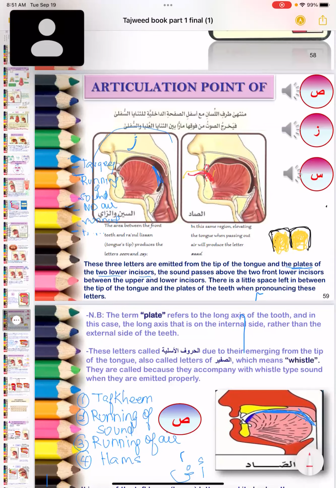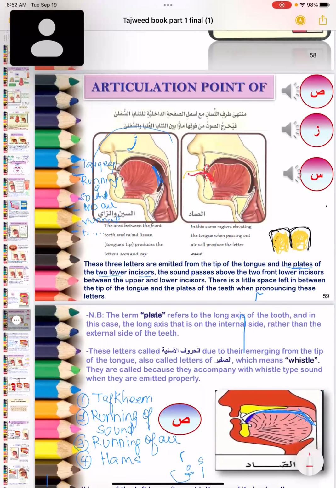And that's the reason why you have the whistle, the buzz, and the hiss in the sound, because it is traveling between that space and coming out between the upper and lower incisors.